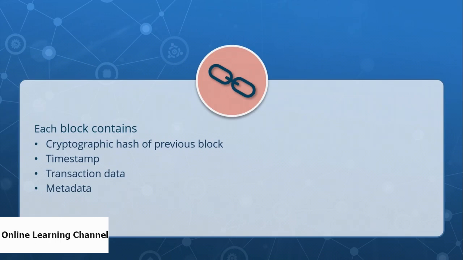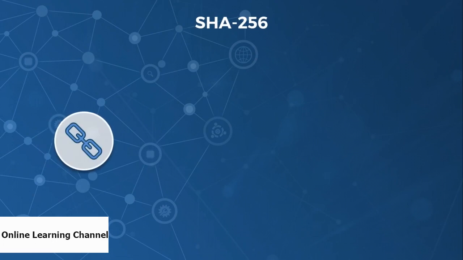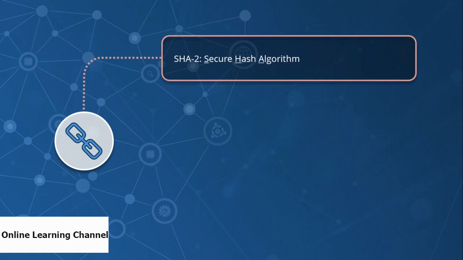So we have an idea of what exactly a cryptographic hash algorithm does. But what exactly is an example of a cryptographic hash algorithm? Well, the most commonly used one is SHA-256. So this comes under the SHA-2 family of hashing algorithm, where SHA is an abbreviation for Secure Hash Algorithm.